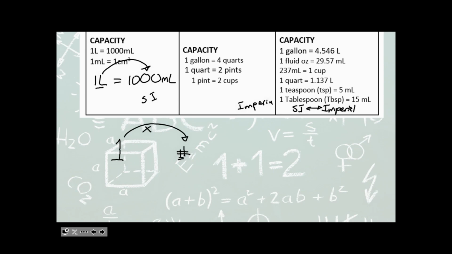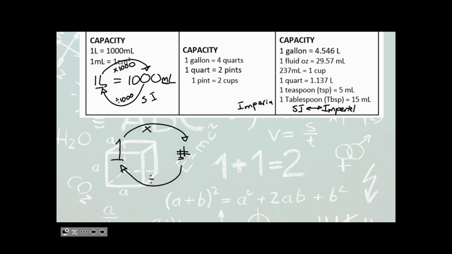So in this example, to go from 1 liter to 1,000 milliliters, I just times by 1,000. To reverse that process, we need to do the opposite of multiplication, which is division. So if I was going from milliliters to liters, I would have to divide by 1,000. So I can use all of these conversion factors that way, because they all have 1 here.